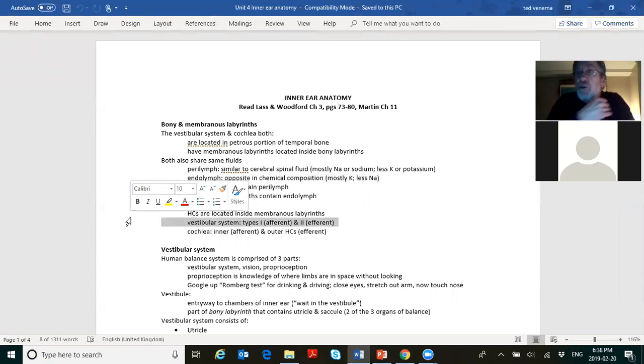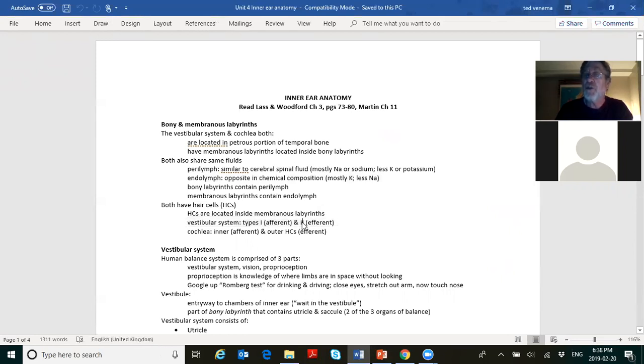One's sending info to the brain, the other set of hair cells is taking info from the brain. In the vestibular system, you have type 1 hair cells and type 2 hair cells. Type 1 are afferent, type 2 are efferent. In the cochlea, you have inner hair cells, those are afferent, and you have outer hair cells that are efferent.